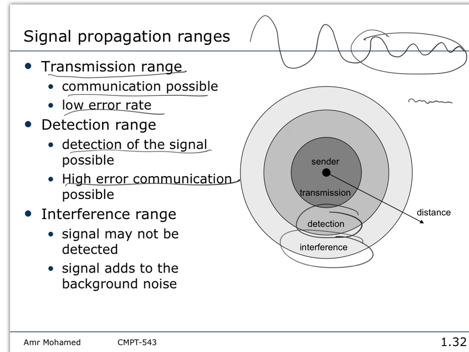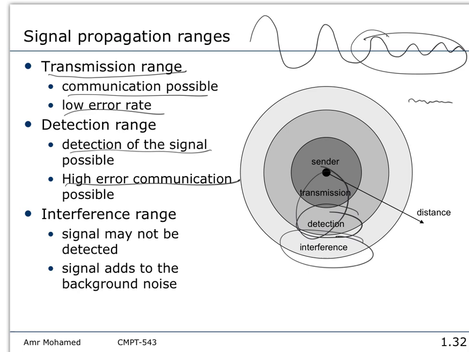So just to give you an example, مثلا, if we try to talk about Wi-Fi, okay, Wi-Fi مثلا has a theoretical range of مثلا 50 meters, okay. But if you look at these 50 meters, you will find that this 50 meters actually includes the transmission and the detection range.